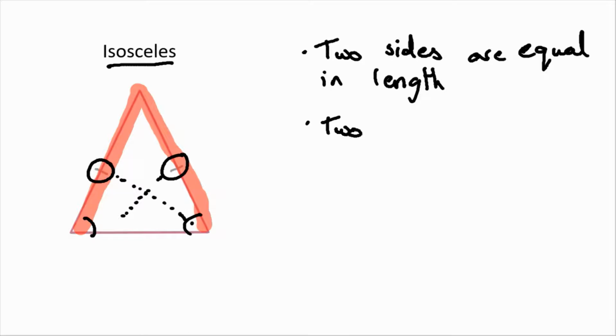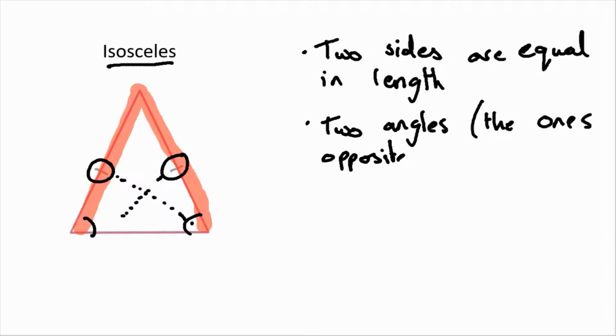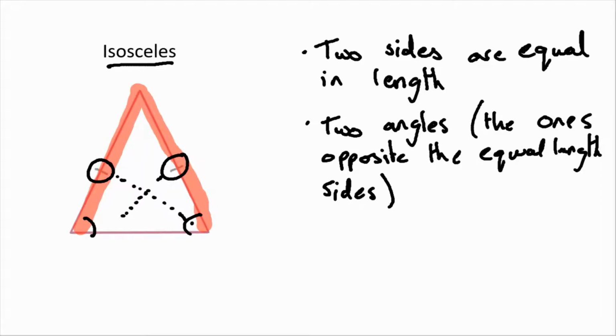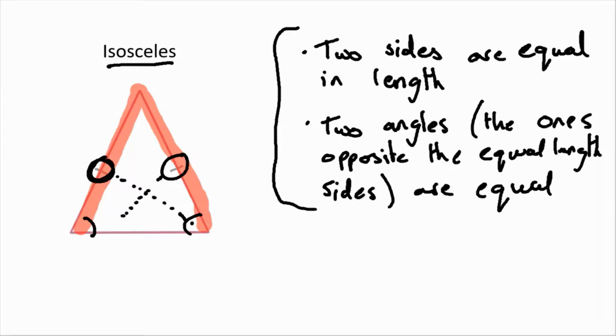So two angles, the ones opposite the equal length sides, are equal. So that's our key points for an isosceles triangle. Two sides are the same and two angles are the same.